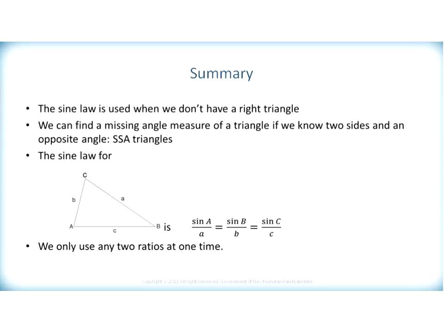The sine law in this case is going to be sine A over a is equal to sine B over b, which is equal to sine C over c. And again, we only need to use any two ratios at one time. We don't necessarily have to use all three, and in fact, it makes it very difficult to try to use three ratios at once. So we only ever use two ratios at one time.